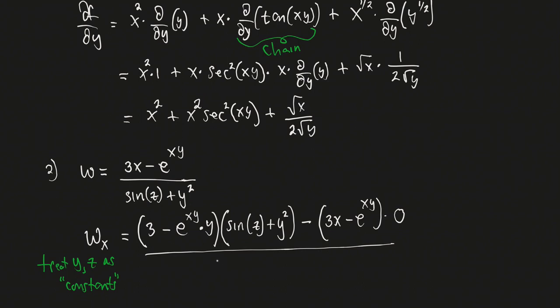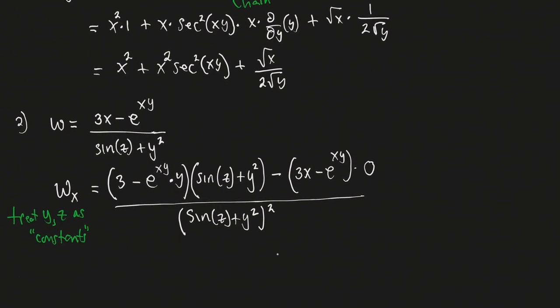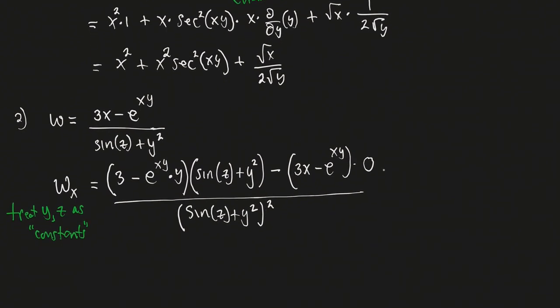So I end up with the sine of z plus y squared, squared. Well, how does this simplify? It actually simplifies pretty nicely because we have this factor of 0. This term here goes away completely. And then look at what I have left. I have this over this squared.